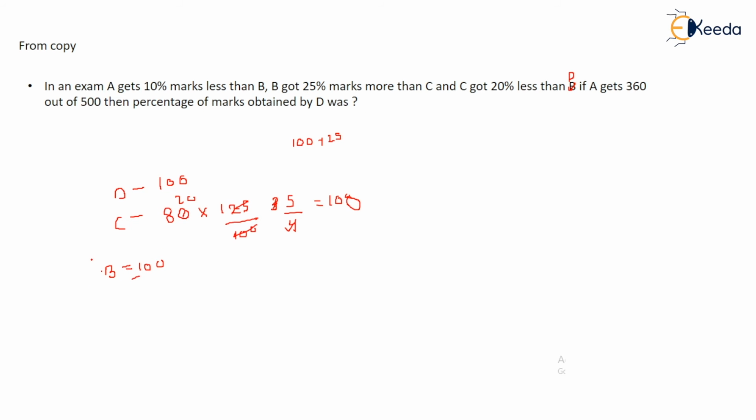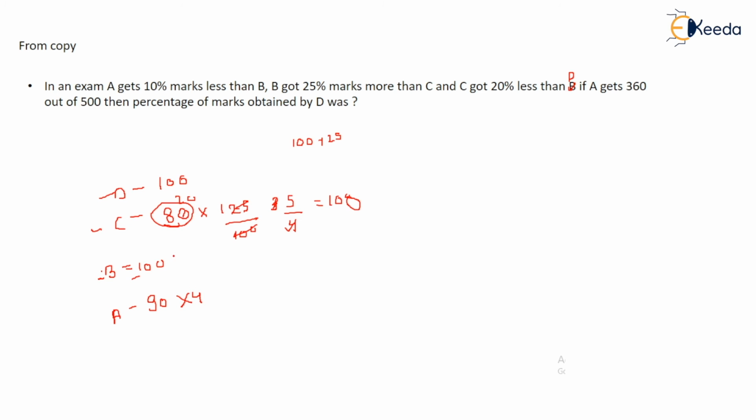Okay, so B got 100, C got 80 marks, and D got 100 marks, and A gets 10% marks less than B. So if B is having 100 marks, 10% less of 100, that is 90, right? So it is told to you that A gets 360, so to make 90 as 360, by which number do you have to multiply it?